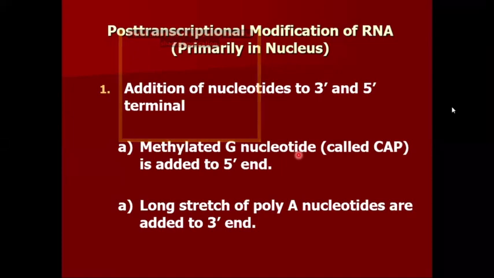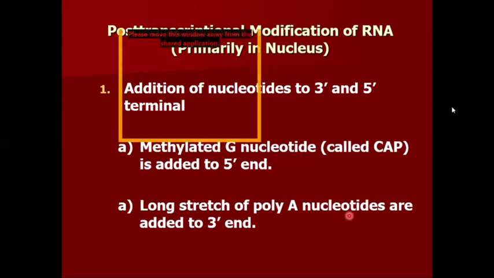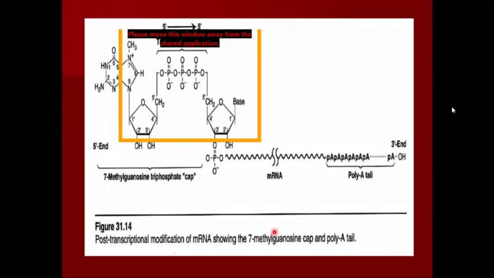How about the 3' end? How will you protect it from 3' exonuclease? By putting in a long stretch of poly-A nucleotides. We call that poly-A tail.